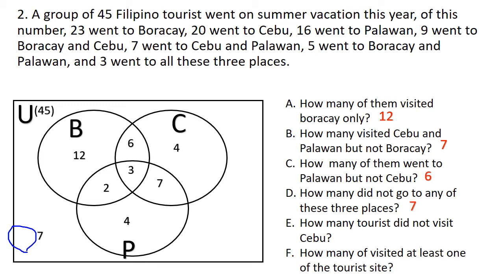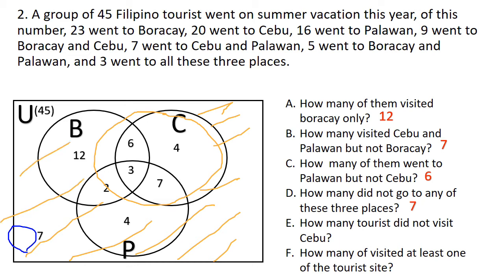So, okay, letter E. How many tourists did not visit Cebu? So we are going to exclude this Cebu, and the rest is our concern. So if we are going to shade this Venn diagram, all the shaded area will be included except Cebu.